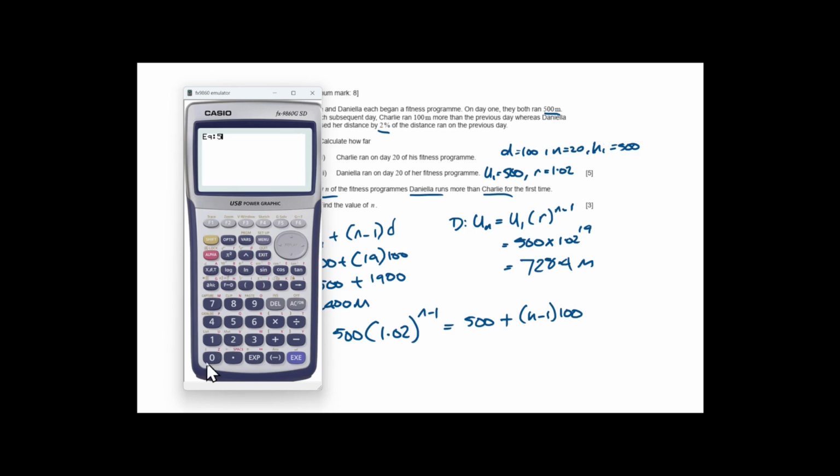Okay, so 500 times 1.02 to the power of x minus 1 equals 500 plus brackets x minus 1 times 100. Put it in. X equals 1. It's not right. Just going to take a break.